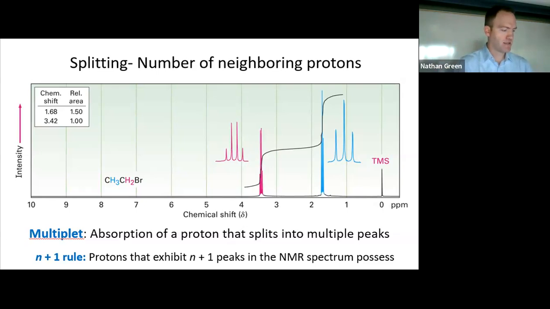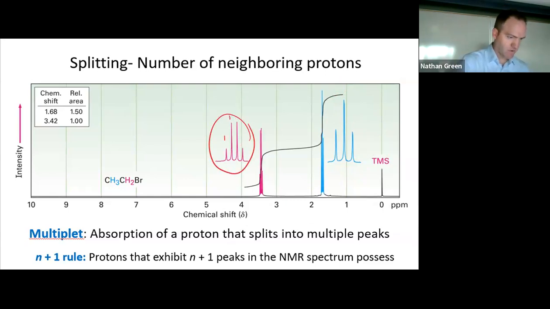If a proton has 2 neighbors, 2 + 1 is 3, it'll have 3 peaks. This is a 3-peaked signal. We call that a triplet: 1, 2, 3. If a proton has 3 neighbors, 3 + 1 is 4. That makes a multiplet we call a quartet. That's this one: 1, 2, 3, 4.